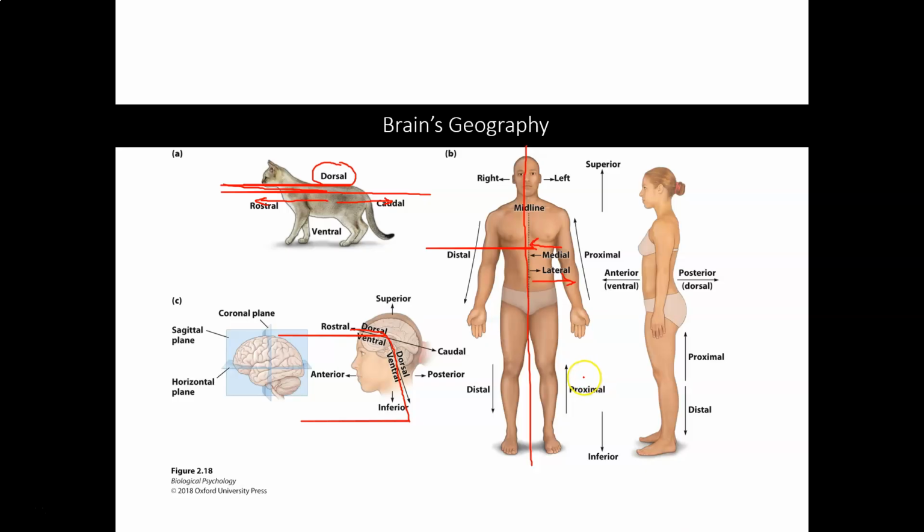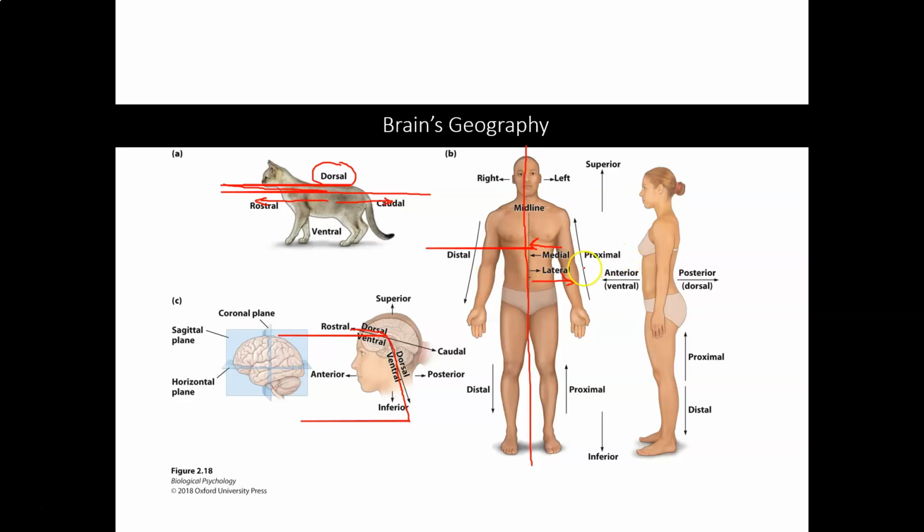The last couple of terms, the orientation terms that we haven't talked about, are proximal and distal. These are typically used when we're referring to appendages, so they're rarely used in neuroscience, unless we're talking about nerves innervating or connecting to distal or proximal musculature. We rarely talk about them in terms of orientation of brain structures.